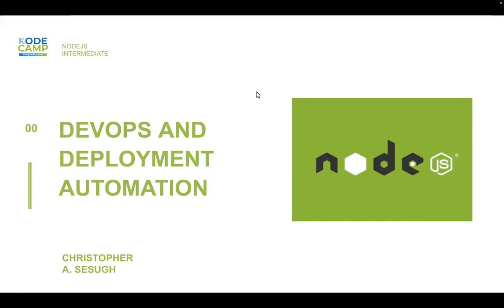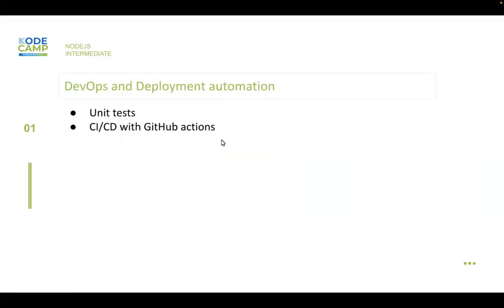Okay, so today we'll be looking at DevOps and deployment automation. Under DevOps and deployment automation, we have just two items on the list. We have unit tests and CI/CD with GitHub Actions.